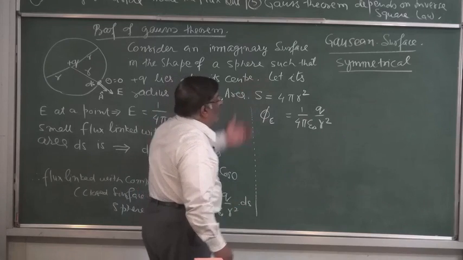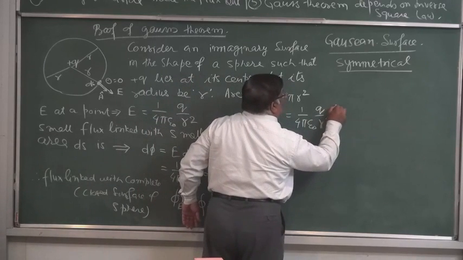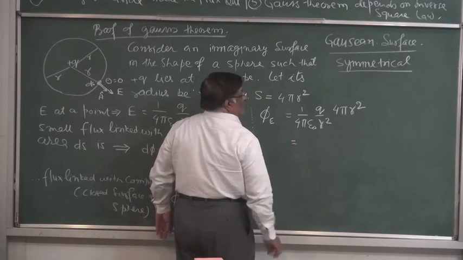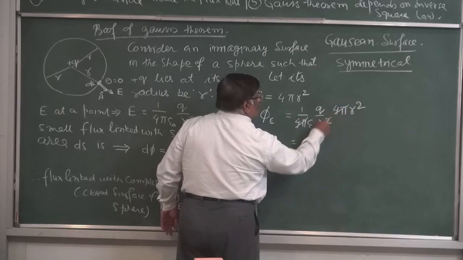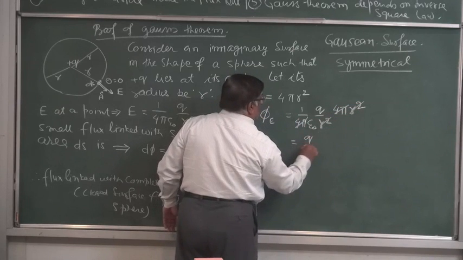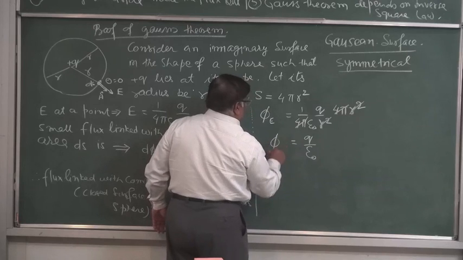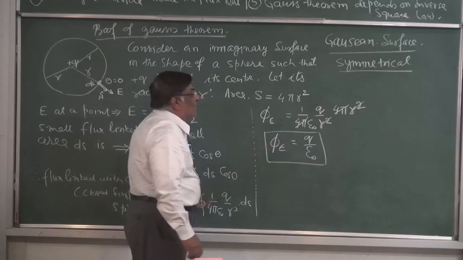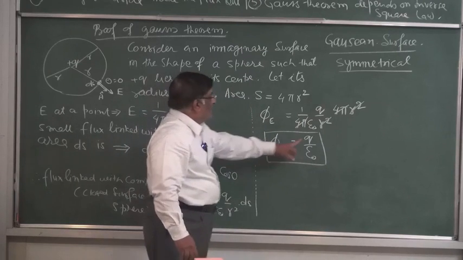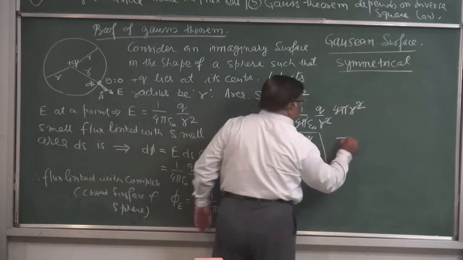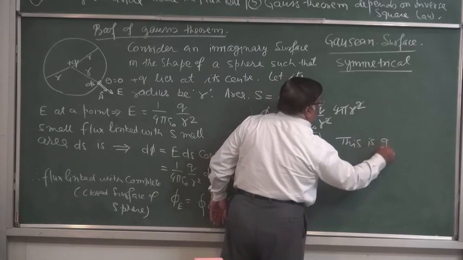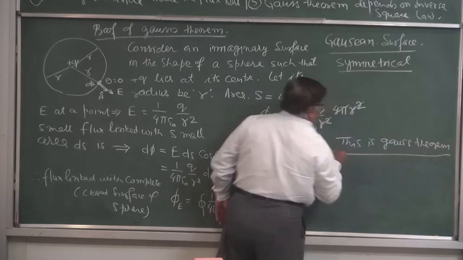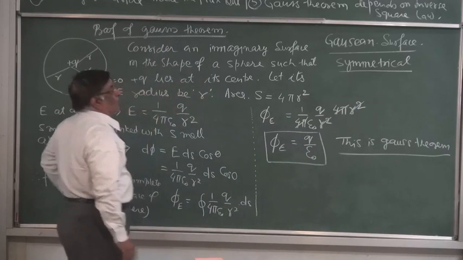The total area we will integrate and it comes to be 4 pi r square. Now do the cancellations. This is q upon epsilon naught. So the phi linked with the complete closed surface is equal to q upon epsilon naught. This is Gauss theorem. This is the proof of Gauss theorem.